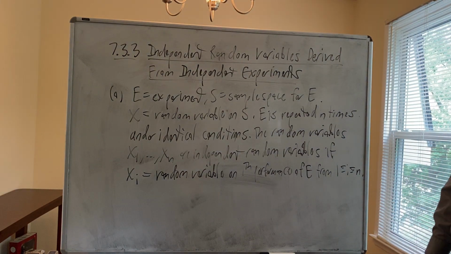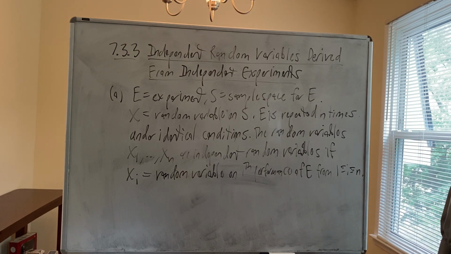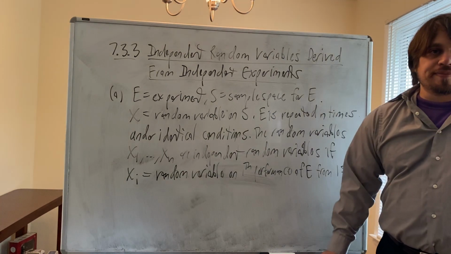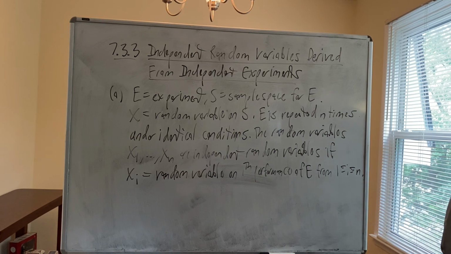Okay, so this is one case, we call part A, example A, of how you derive independent random variables from independent experiments. Okay, so let capital E be your experiment, name for your experiment.